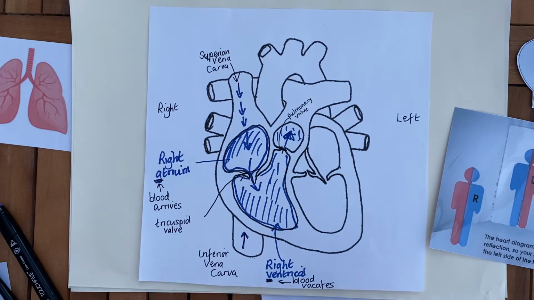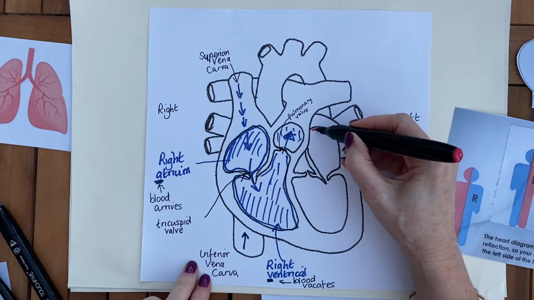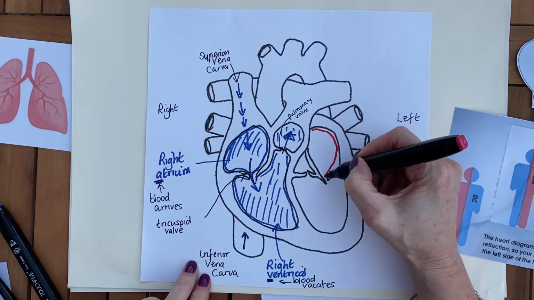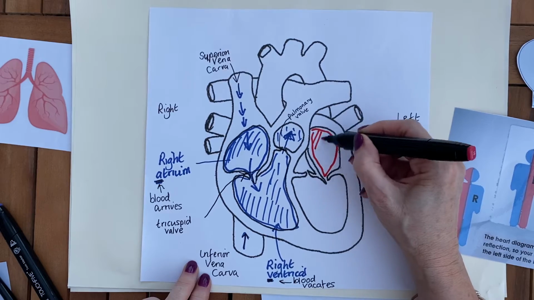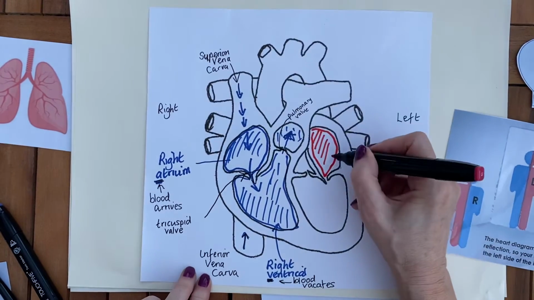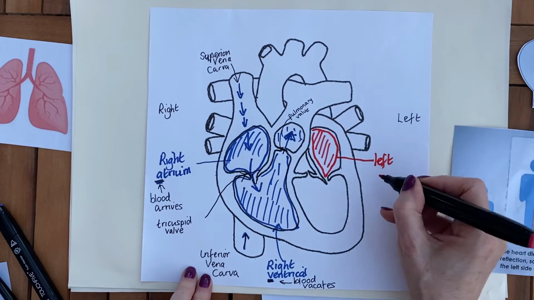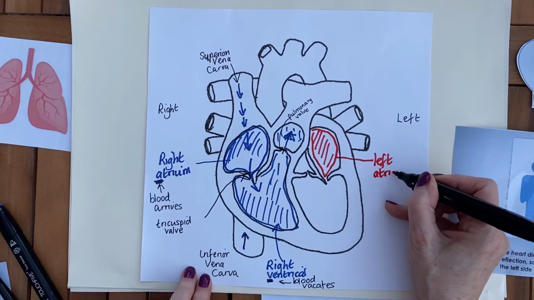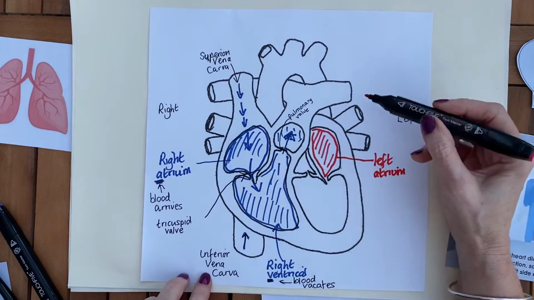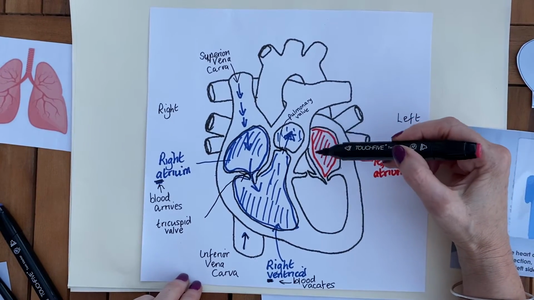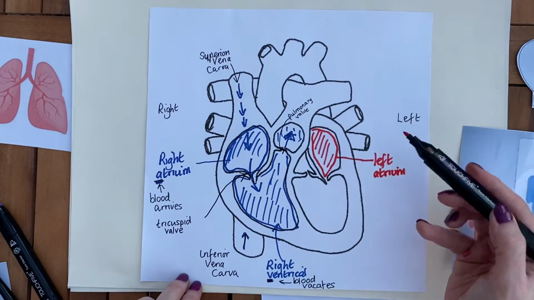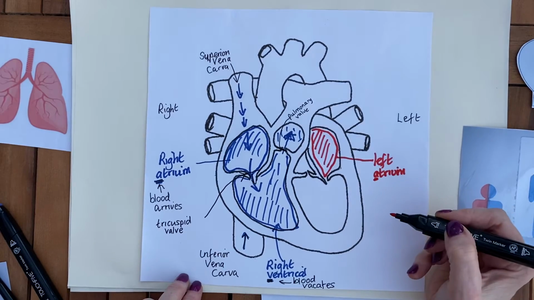And we'll colour it with red so that we have the blood coming back that has now collected that oxygen from the lungs, and this one then is the left atrium. All right, so that is the hallway, the entrance into the heart, the left atrium, the blood is arriving.